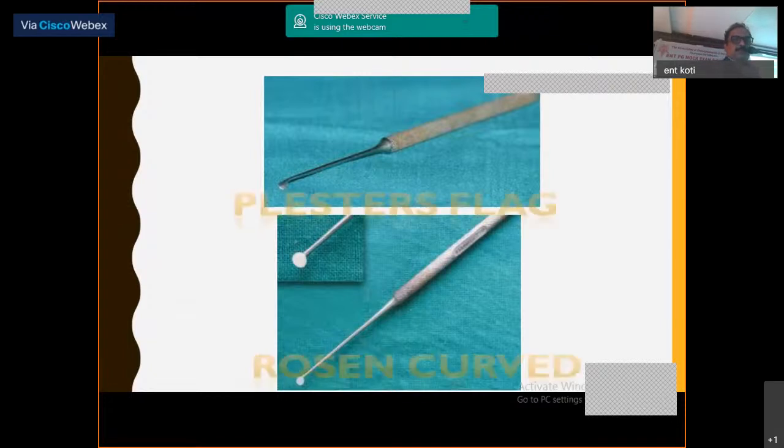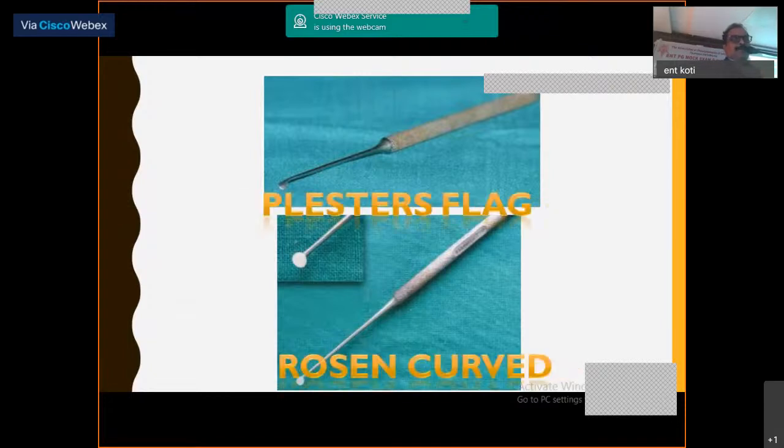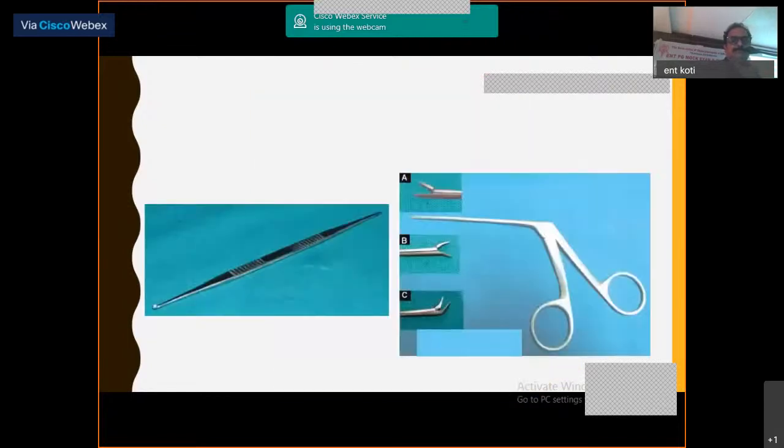Yeah, Lester's flat knife and Rosen's curved knife. This one, stapes surgery, House micro ear instrument, for bony overhang removal.